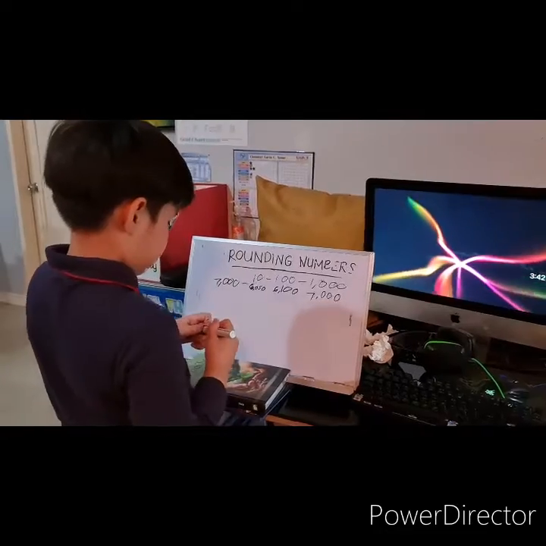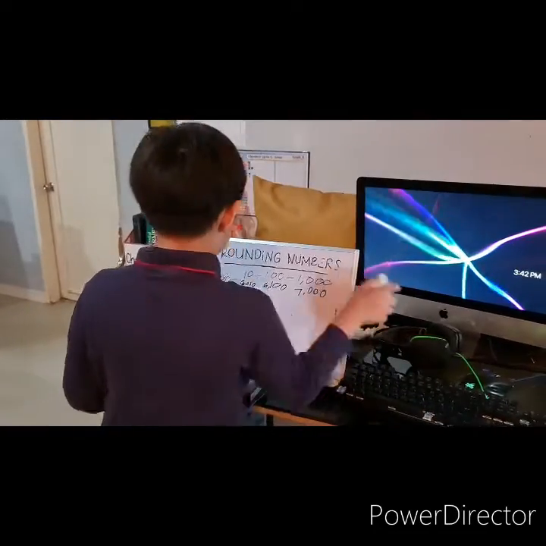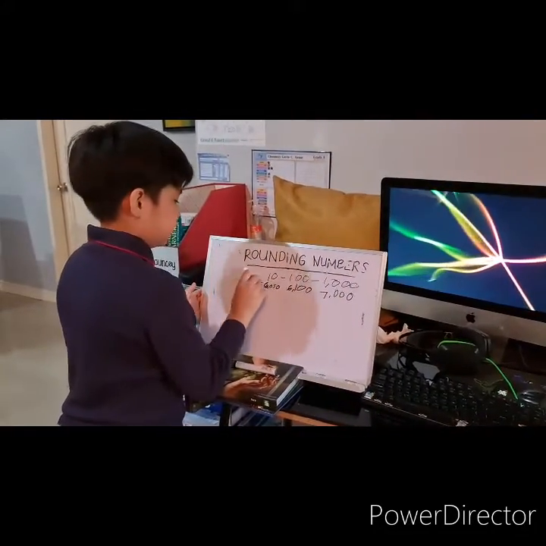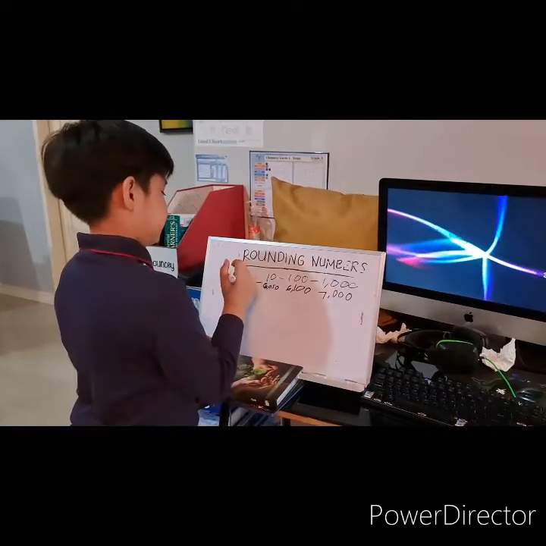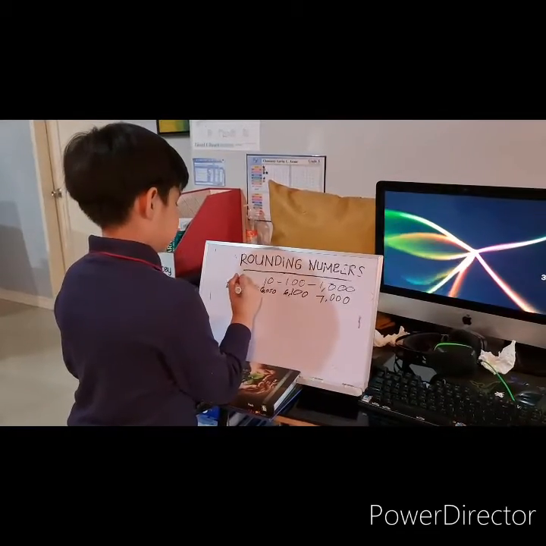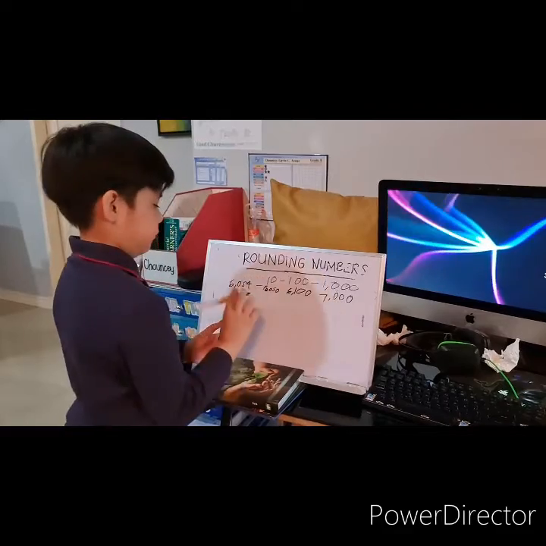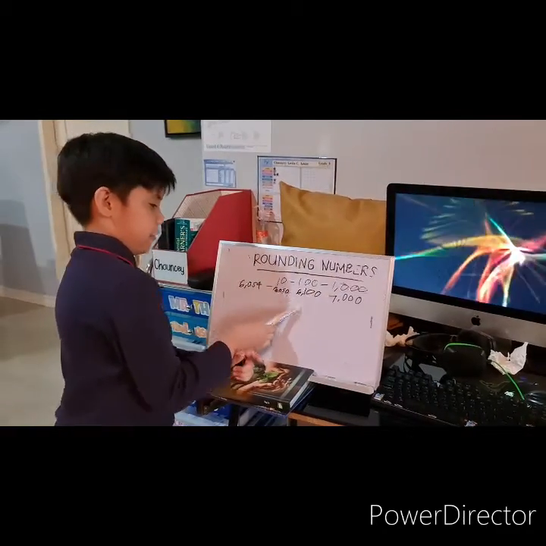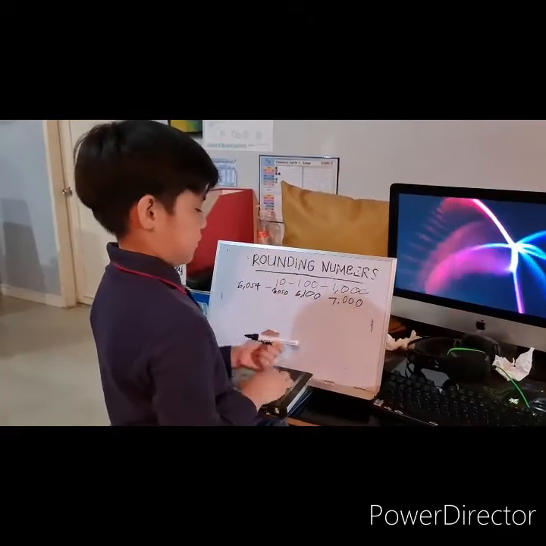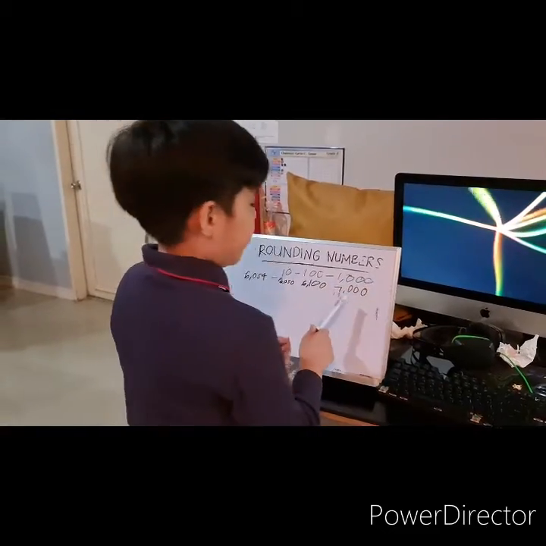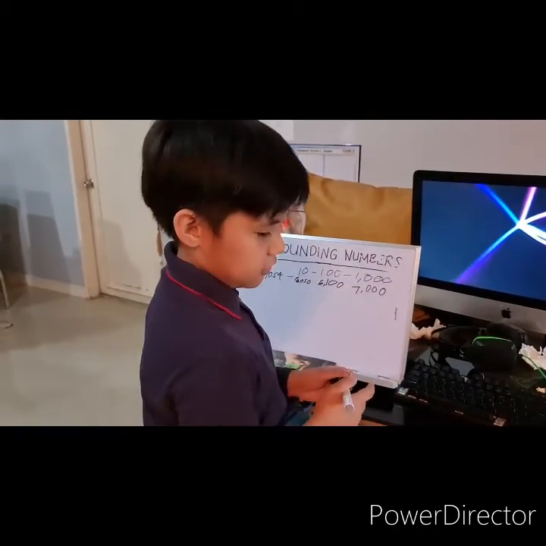So that is the rounding numbers, the multiples and units 10, 100, and 1,000 of 6,054. The answer for 10 is 6,050, the answer for 100 is 6,100, and the answer for 1,000 is 7,000.